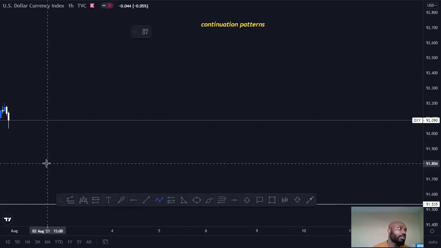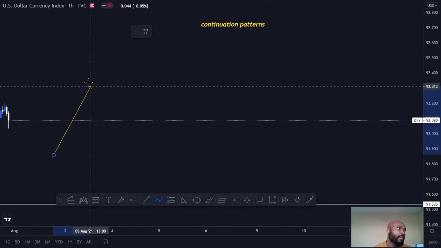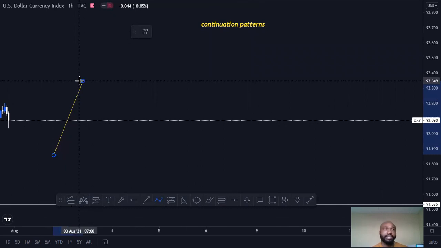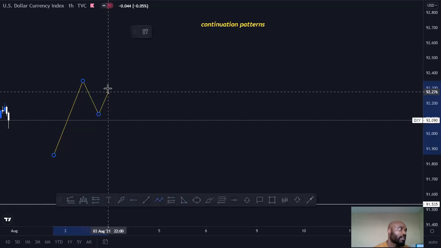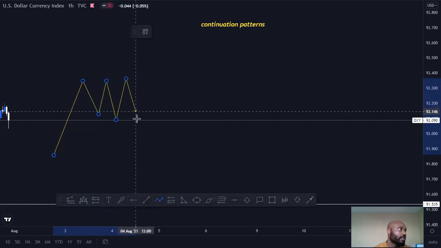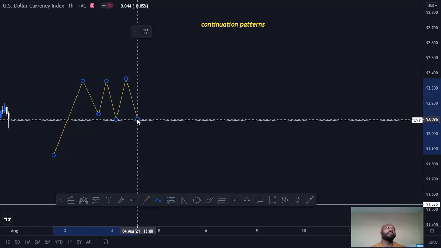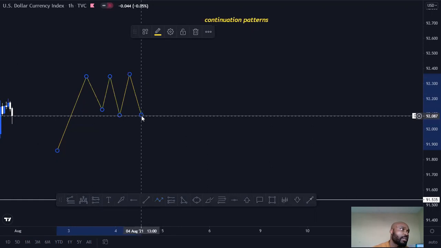So you've got your first phase, which is an impulse. Then you've got what? A correction. So after a correction, what are we having, guys? We're having a continuation. Okay, sorry about that.